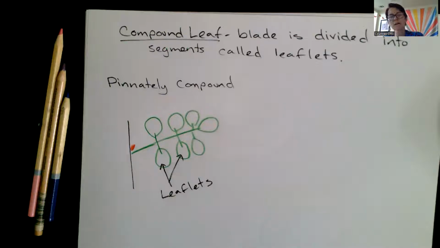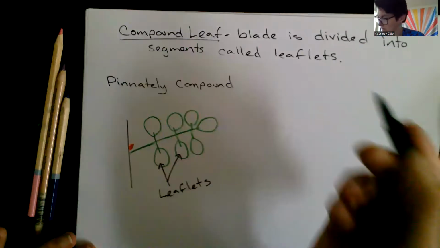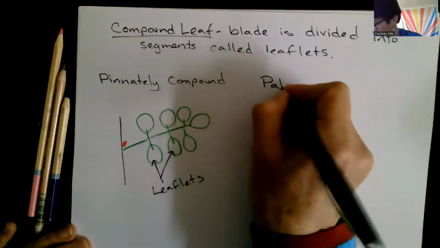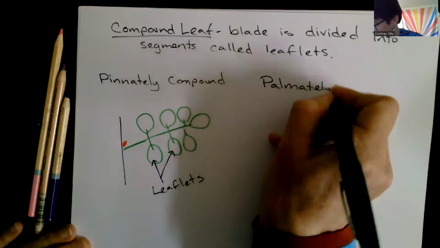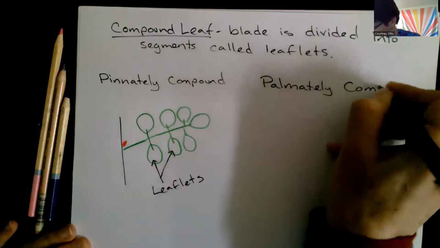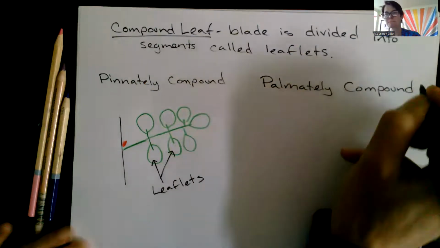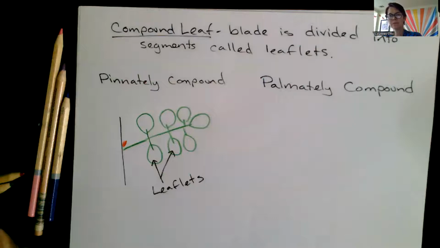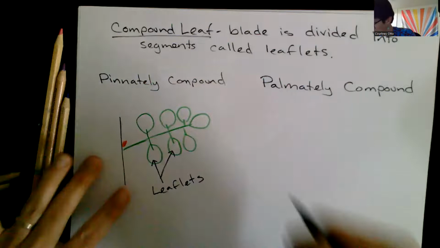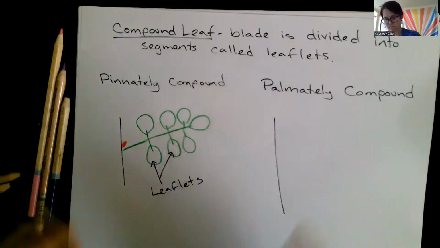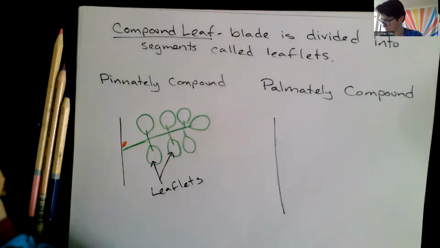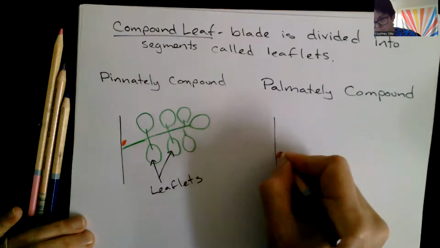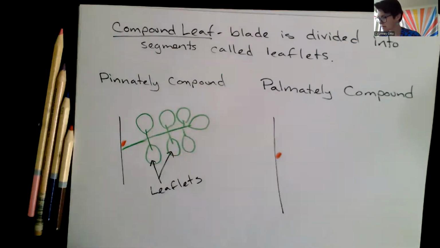Now, the other variety of compound leaves are what we call palmately compound leaves. And as that name implies, our leaf is going to be compound, but it's going to be like the fingers on your hand. So there's that stem. There's my axillary bud.